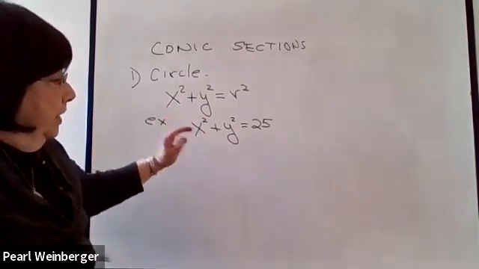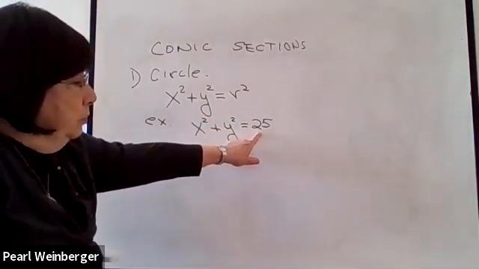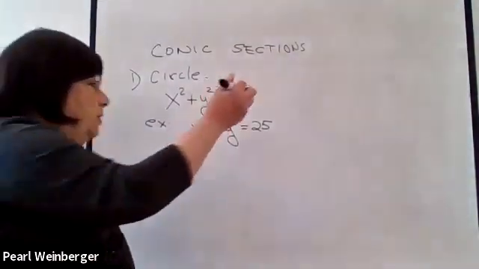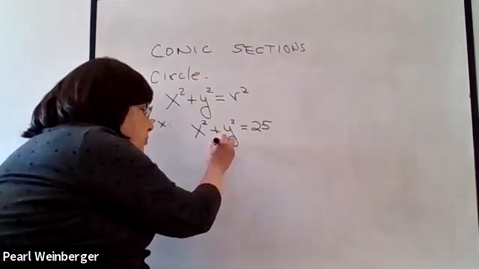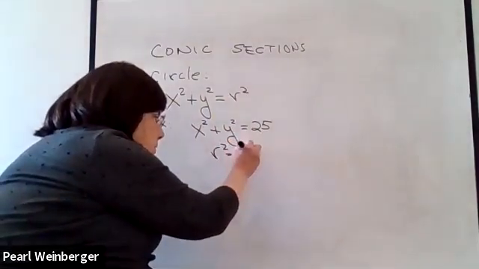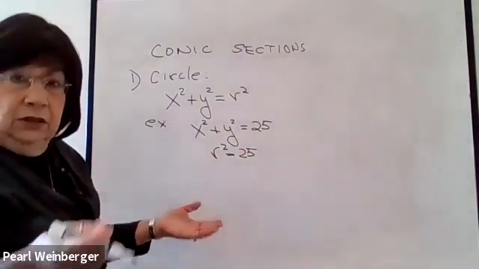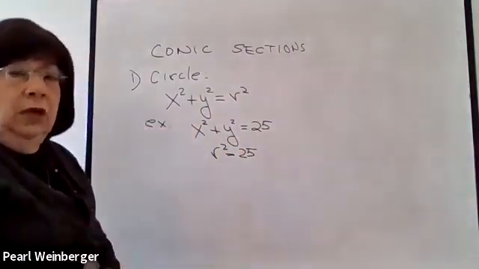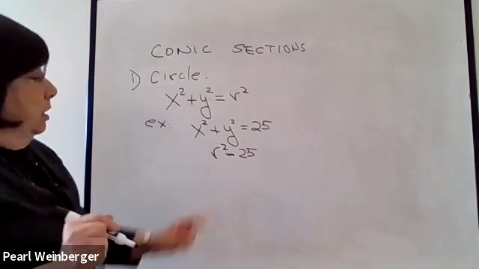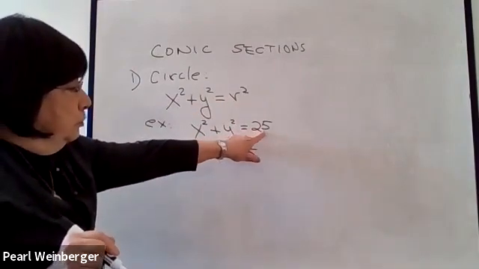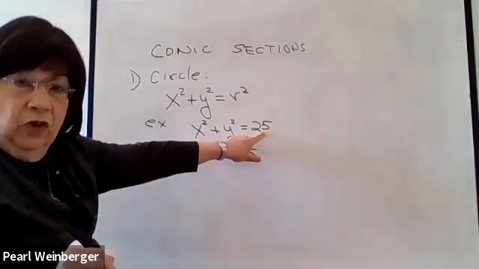If you have that situation, the number on the other side, which in this case is 25, is what we call the r squared. Now, we know what a circle needs: it needs to have a center and a radius. The radius of this circle is the number which, if you square it, will give you 25.